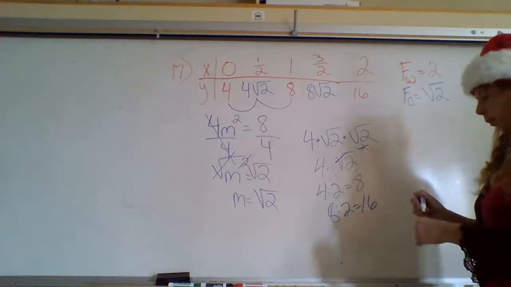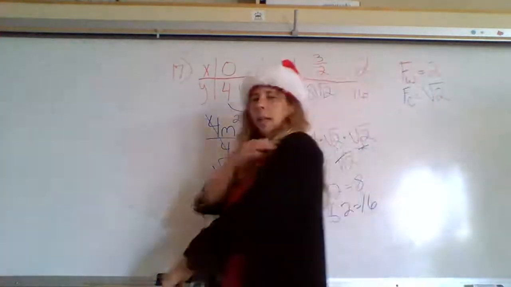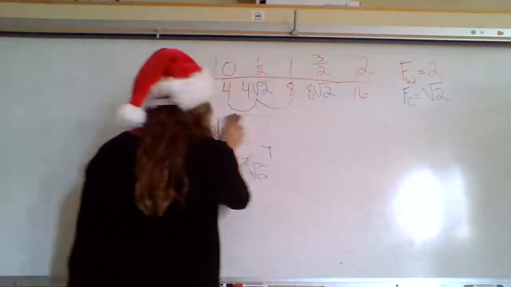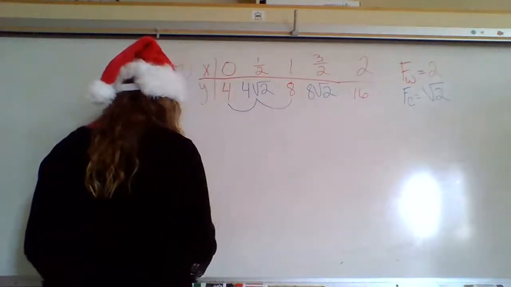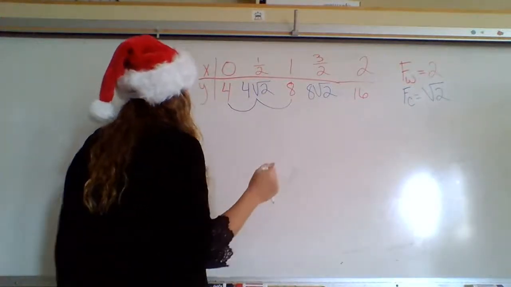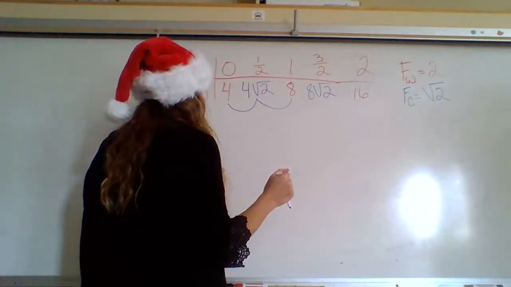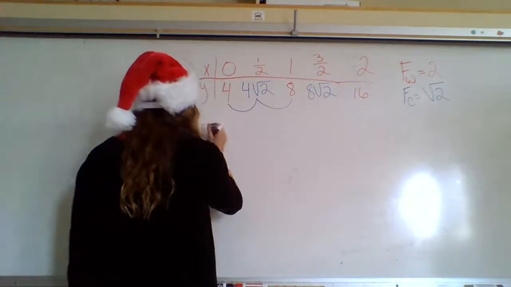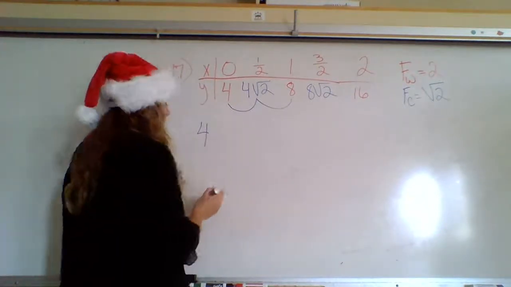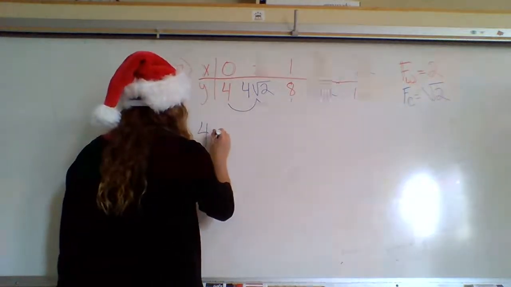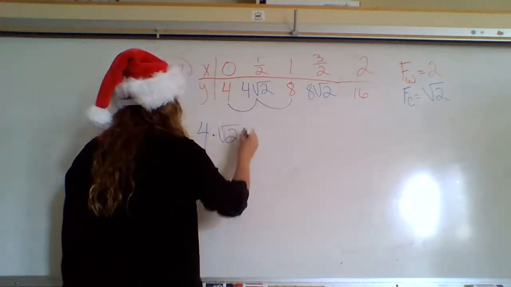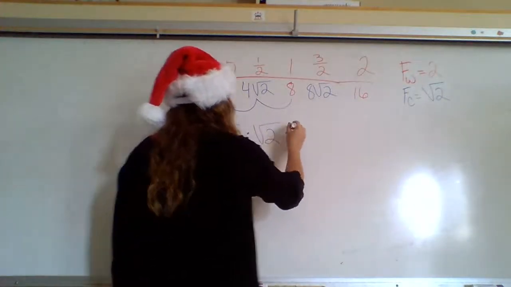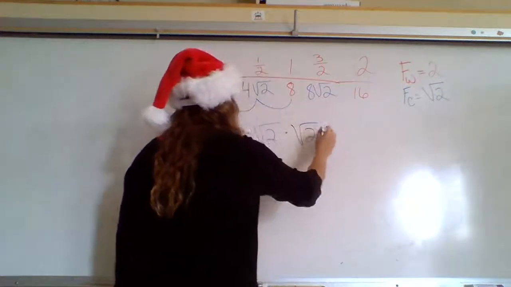If you want to just write it, this is what I meant to show you yesterday, and then I forgot. So erase this. So let's try and figure out 16. Okay, so I start out with 4, and I multiply by the square root of 2, and that gets me there. I multiply again by the square root of 2, and that gets me there. I multiply again by the square root of 2, and that gets me there.